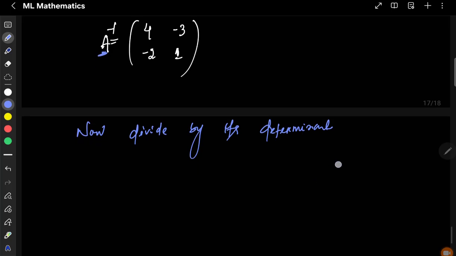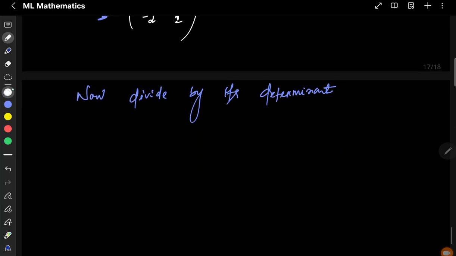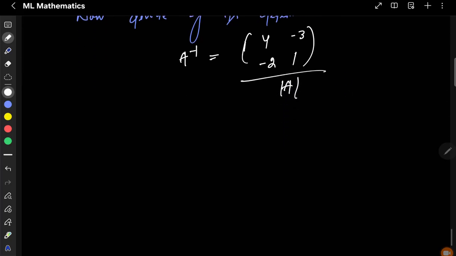What you have to do is say A inverse equals 4 1 minus 2 minus 3 divided by the determinant of A. Now we will discuss the determinant of A.